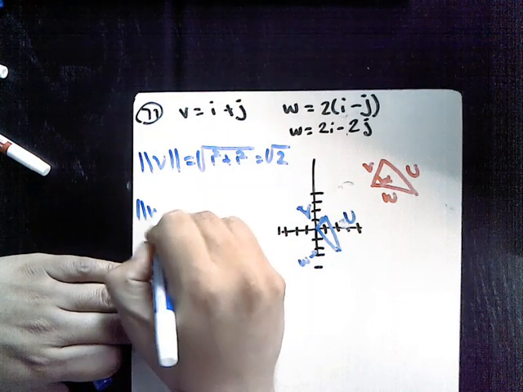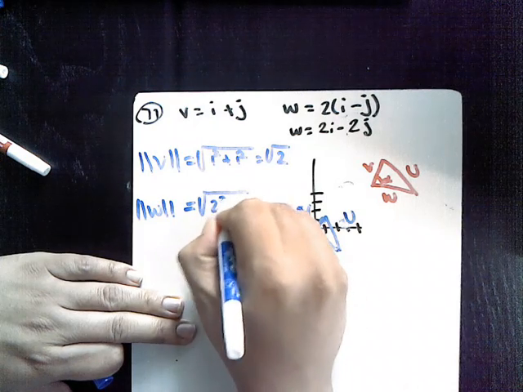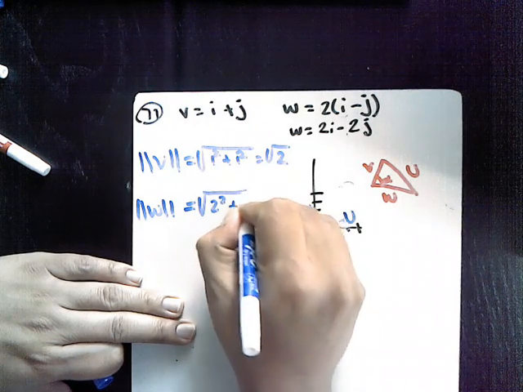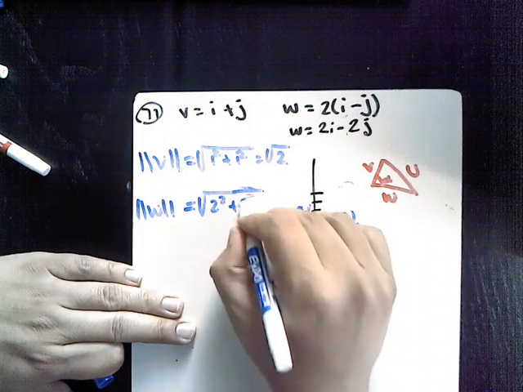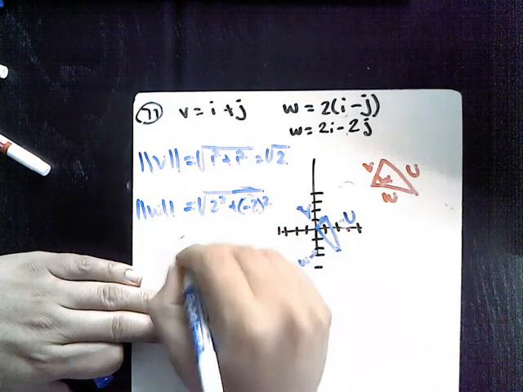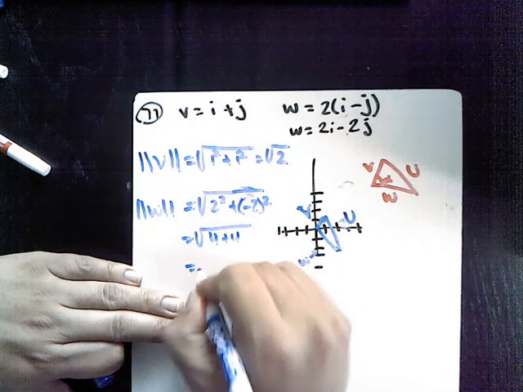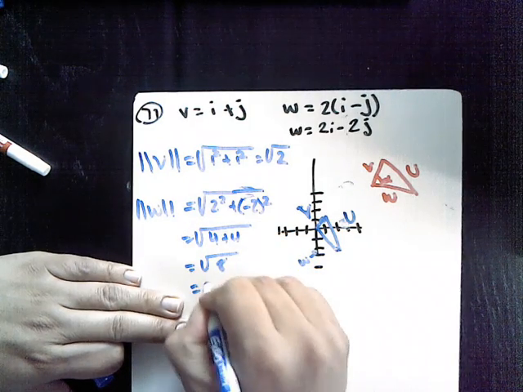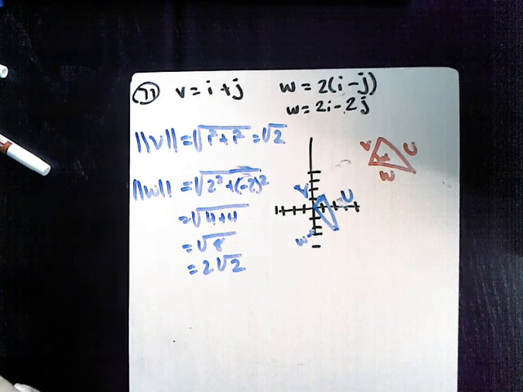Magnitude of w is going to be 2 squared, and I know it's negative 2, so I'll just write that in, which becomes 4 plus 4, which is the square root of 8, or 2 square root of 2. So there's the magnitude of w.